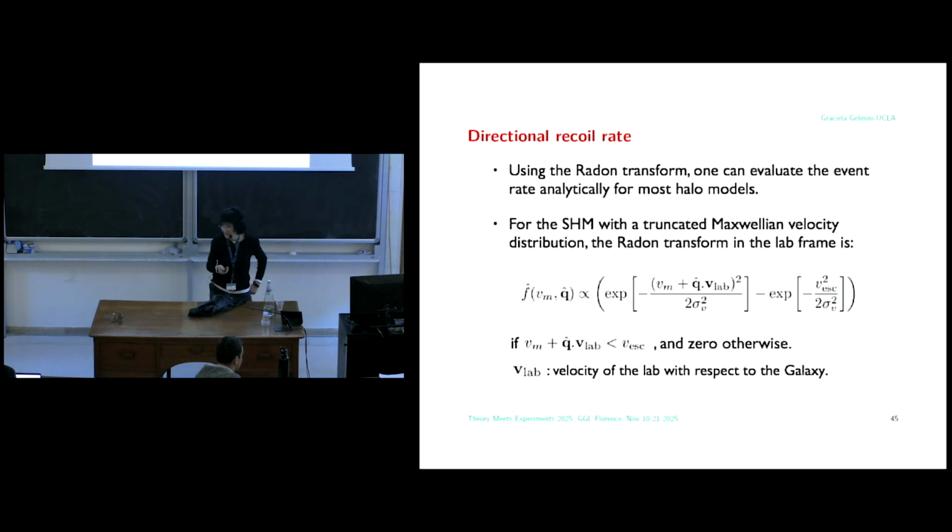Otherwise, you don't have any event. So it is this function when this condition is applied, and zero otherwise. And here V lab is the velocity of the lab with respect to the galaxy. The lab in this case also involves the rotation, where your lab is, latitude and longitude, and how it moves around Earth. So you cannot neglect this other component, which is exactly where the lab is located on Earth.